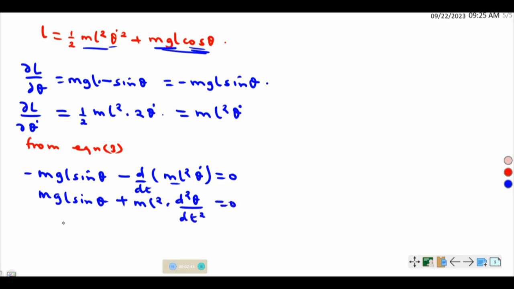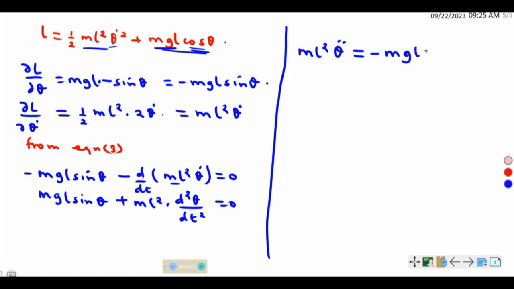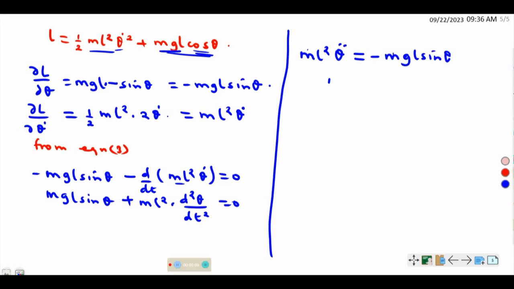So we can now say m L squared theta double dot will be equal to negative m g L sine of theta. Simplifying further, m will cancel out, L squared will reduce to L, so we shall simply have L theta double dot equal to negative g sine of theta.